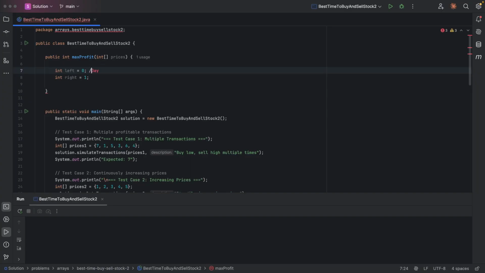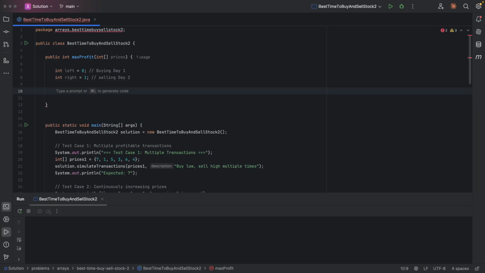This is buying day 1. And this is selling day. And one thing we want is profit. So that's what we are returning from here. So max profit.